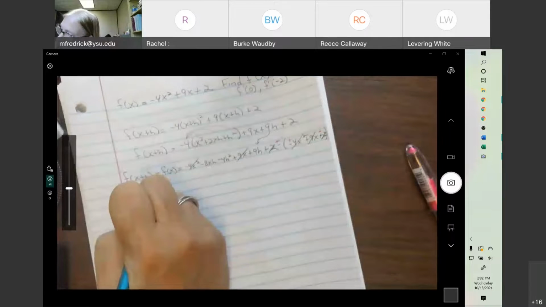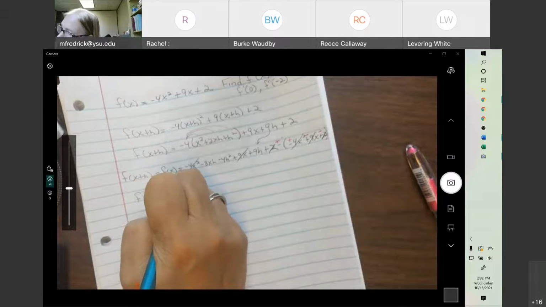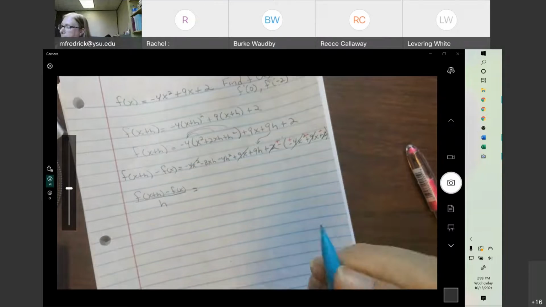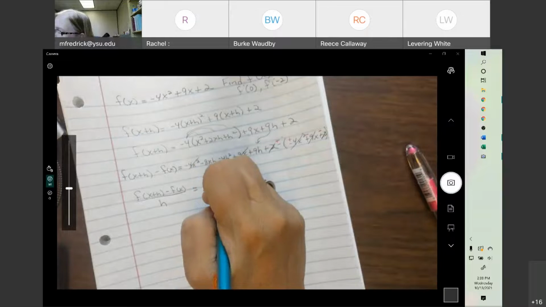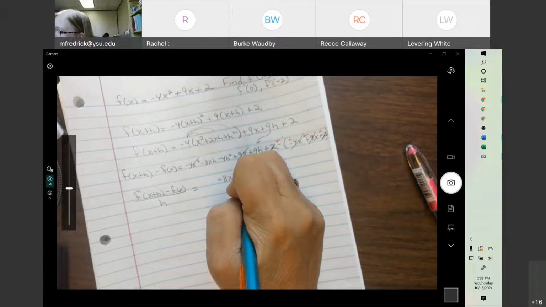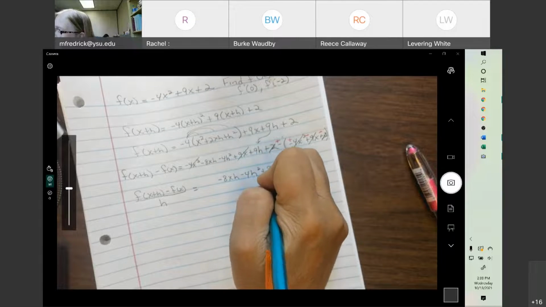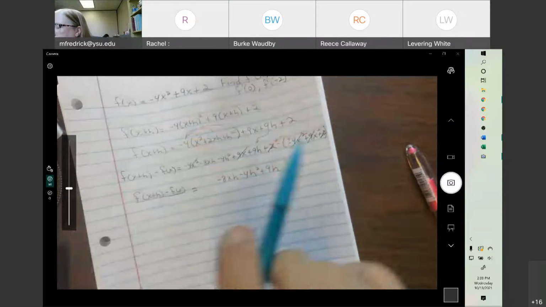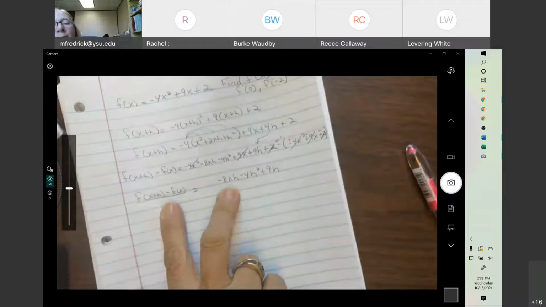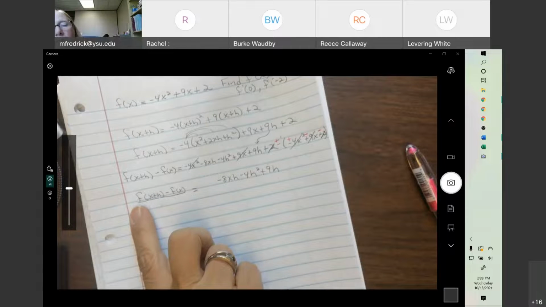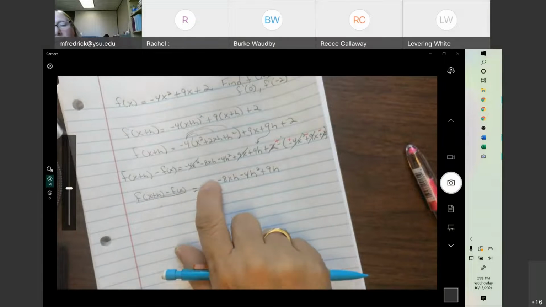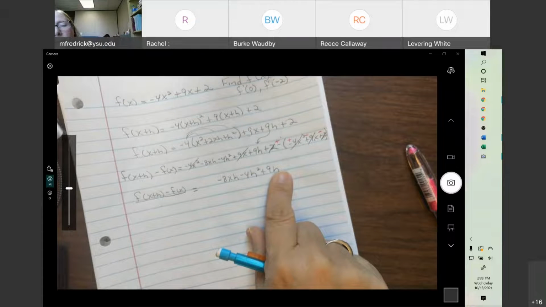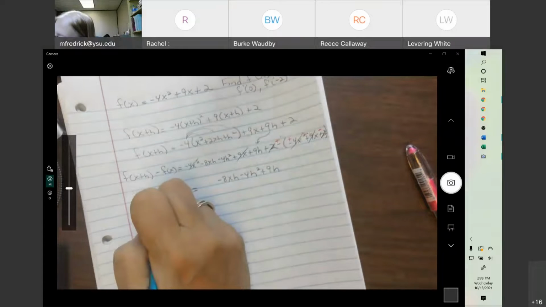So f of x plus h minus f of x is a negative 8xh minus 4h squared plus 9h. So we're going to divide by h, but I should write that first. So we have our function. We canceled a lot of things. Everything left has an h in it. So I want to divide by h.